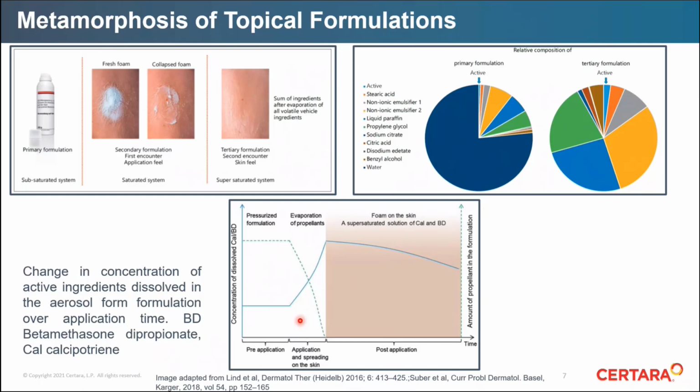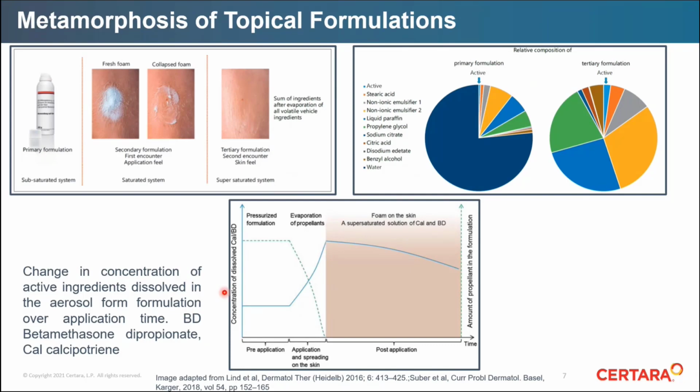This is an example of a betamethasone dipropionate and calcipotriene product from Leo Pharma. You can see that initially the formulation comes out of a pressurized container, and there is a quick evaporation of the propellants. So your concentration of actives is somewhere in this range when it's in the container, but as soon as the propellants evaporate, the concentration goes up because you are making a more concentrated solution.